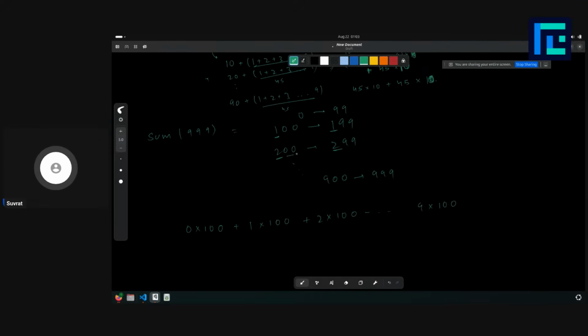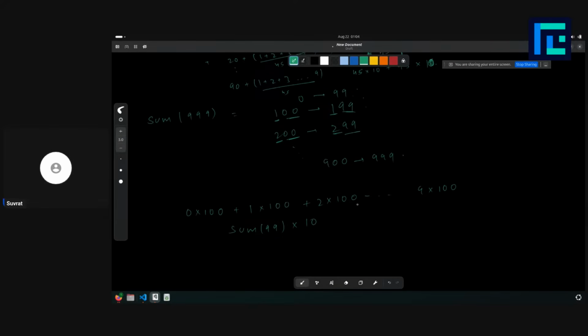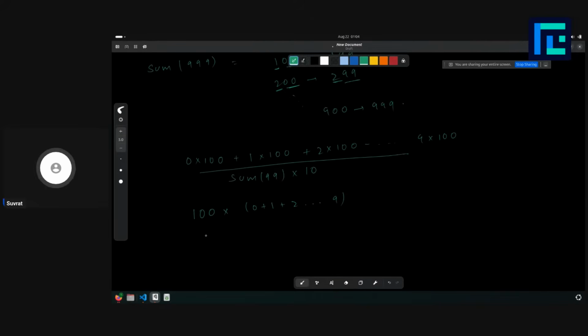And now for all of them we have the sum till 99, so sum till 99 into 10. So this summation is basically 100 into 0 plus 1 plus 2 till 9, which is 100 into 45, plus 10 into the sum till 99.